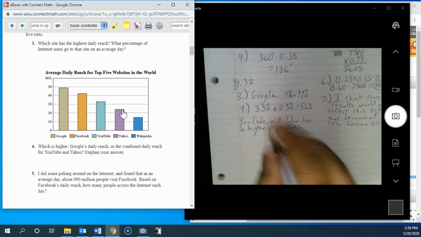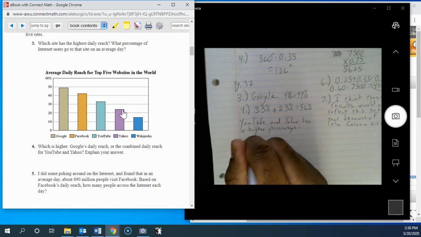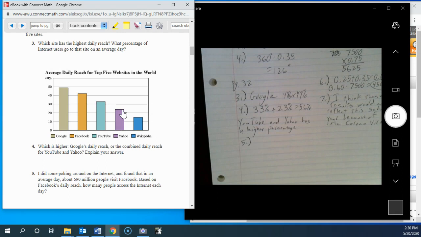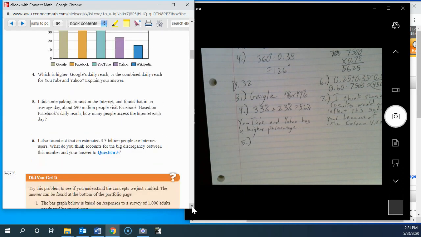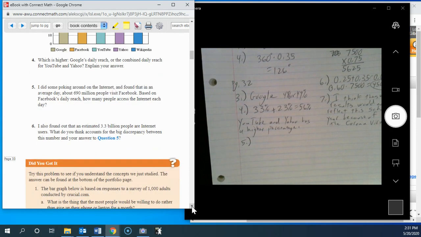Okay, number 5. I did some poking around on the internet and found that in an average day, about 690 million people visit Facebook based on Facebook's daily reach. How many people access the internet each day? Okay, now let's take a look here at Facebook.